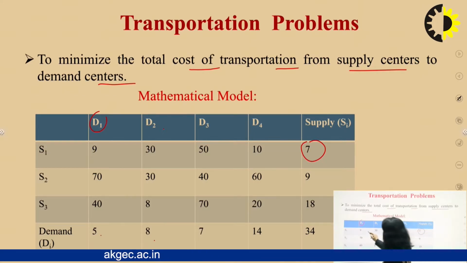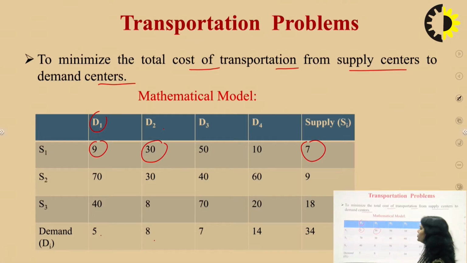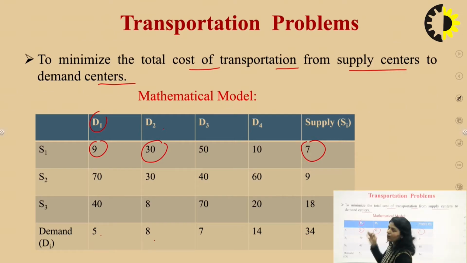Now we can see these other terms. These are the costs involved in transporting the material from one place to another, that is, from a supply center to a distribution center. For example, if the material is transported from S1 to the distribution center D1, then the cost involved is 9.